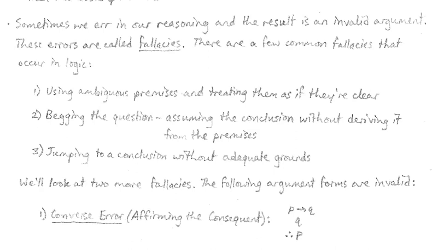talk. First one is using ambiguous premises and treating them as if they are clear. Strictly from a logical standpoint, we're dealing with things that are either true or false.